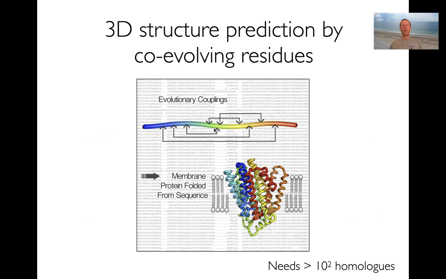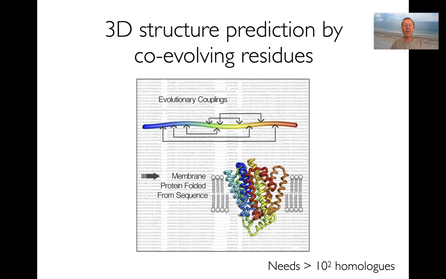So imagine you have, say, 500 homologs, you do a multiple sequence alignment, and then you start looking for correlations between columns in the alignment. Say this residue is mostly alanine in most cases, but you also find sequences where it's a serine, and then you look in all the other columns and discover that whenever this is a serine, this residue over here is a glycine, whereas whenever it's an alanine here, it's a serine here.